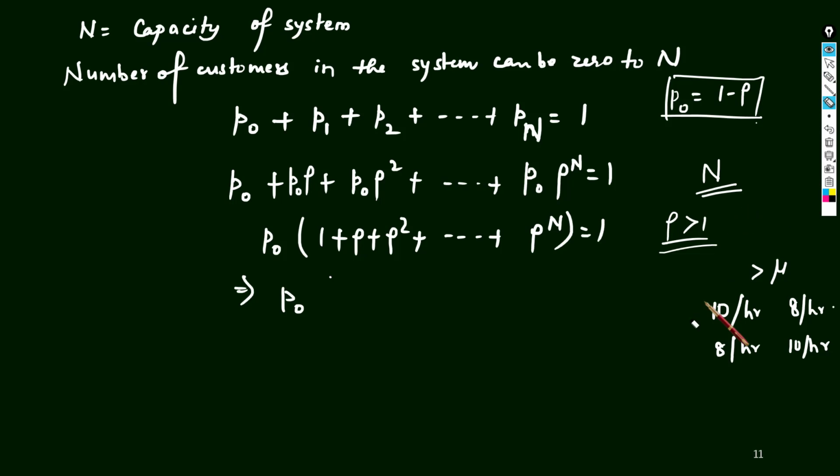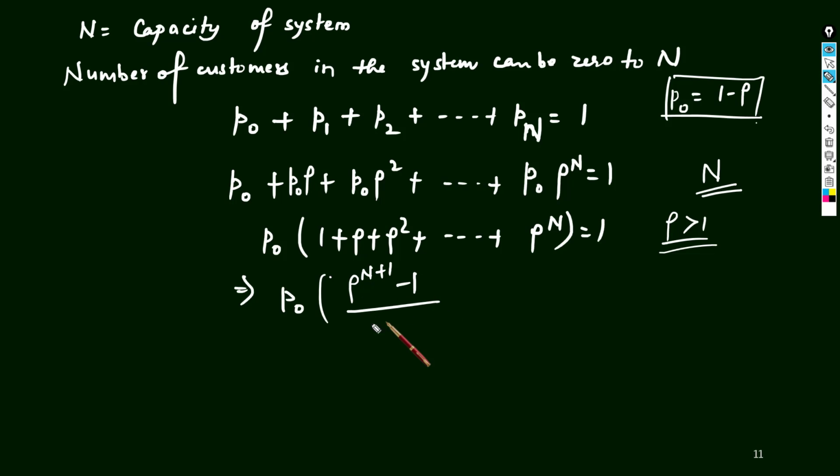Okay, so now if it is not less than 1, whatever it is, we can apply the general geometric progression summation. That will be rho to the power n plus 1 minus 1 divided by rho minus 1, in case rho is greater than 1. If rho is less than 1, it is 1 minus rho to the power n plus 1 divided by 1 minus rho.